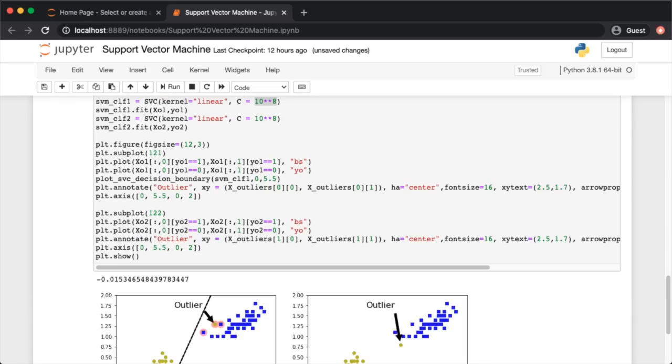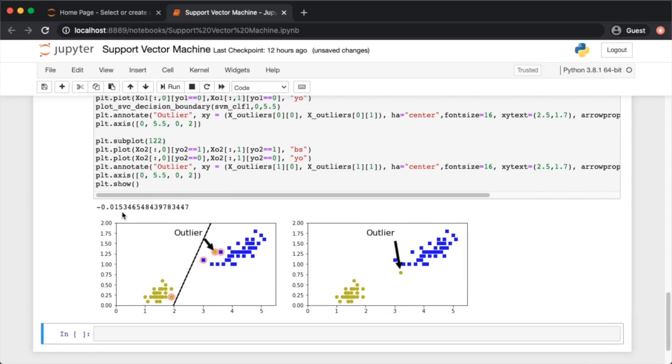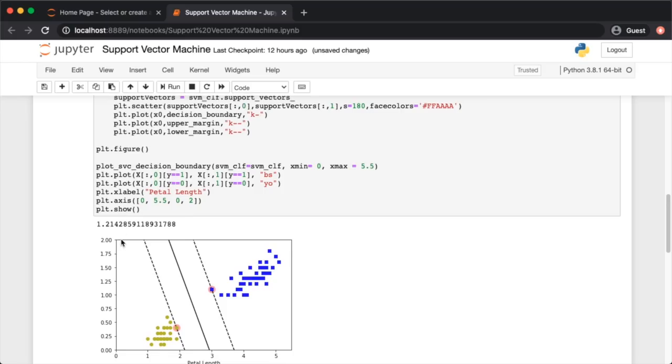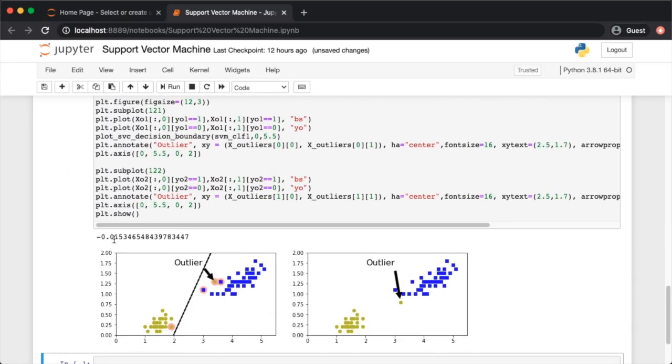Okay, there you go. The margin is really small as compared to the previous case. Okay, so really small. That is, the upper and lower margins are actually on the decision boundary. And the way we can see that is to zoom in over here.